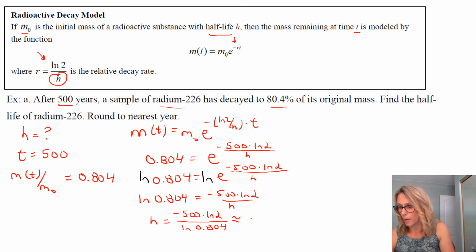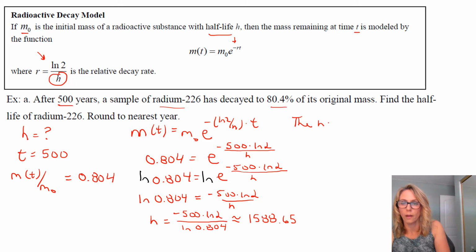If we put that into the calculator, we get 1588.65. We're told to round to the nearest year, and it's asking for half-life.